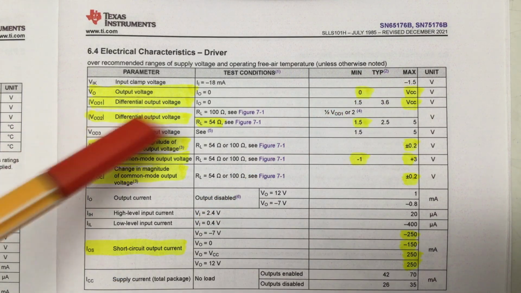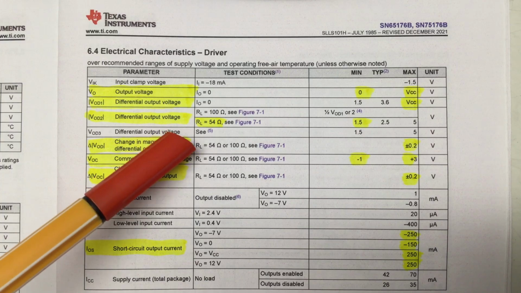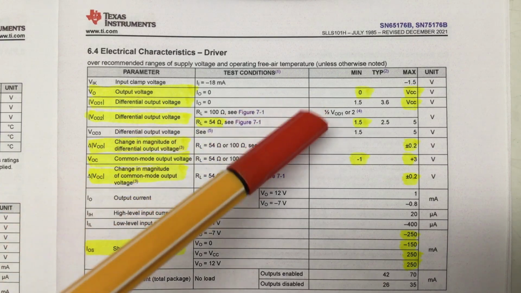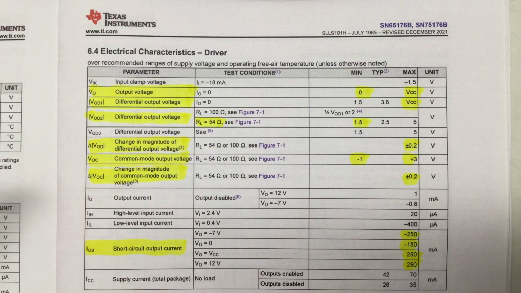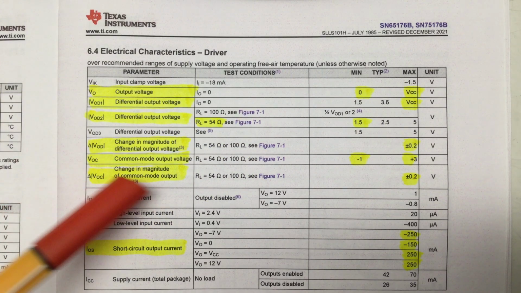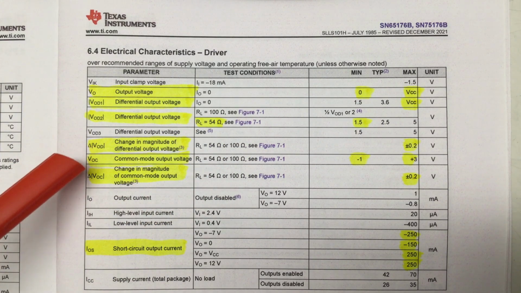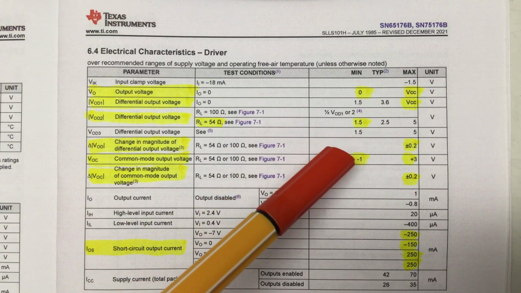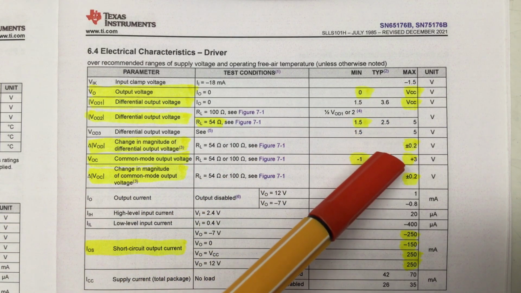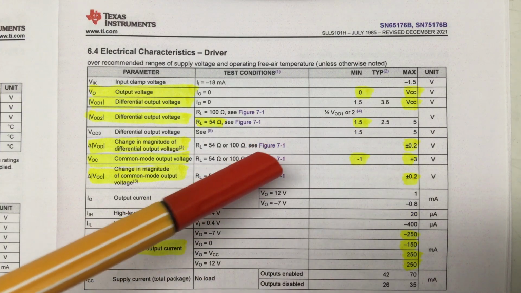The differential output voltage with a load of 54 ohms is 1.5 volts minimum. So we're golden there too. And the common mode output voltage with load 54 ohms again is between -1 and +3 volts, also within the specification.